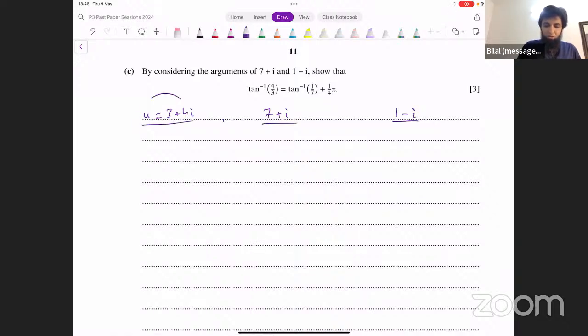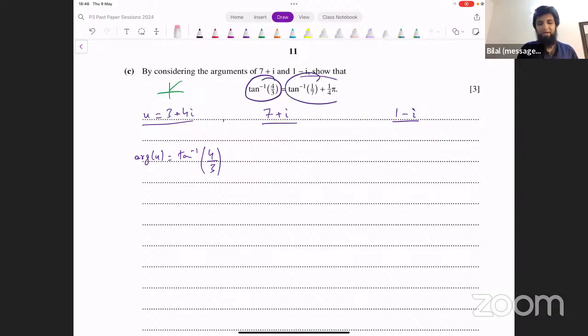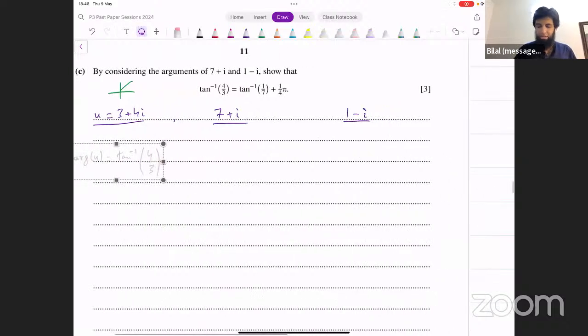U is in the first quadrant. So whatever is the basic angle, the argument is going to be the same as well. So the argument of u is going to be tan inverse of 4/3. Now, they have used exact forms here. Don't write decimals because of that, okay? Leave it in this form. Argument of u is basically this, okay?